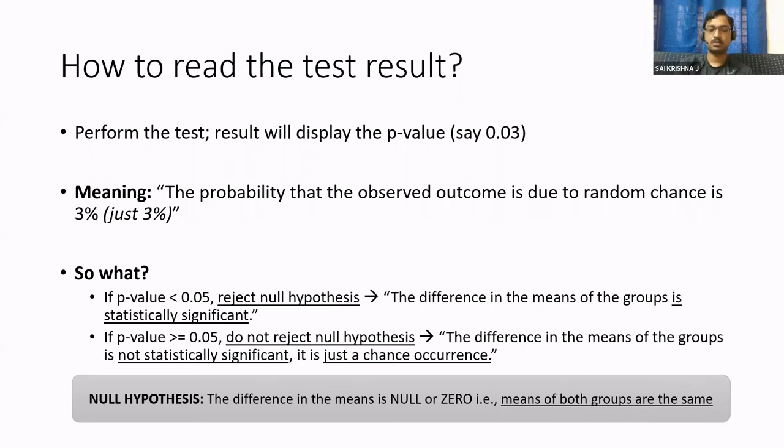So Chaitanya, as an extension to what Swab just mentioned, this forms the basis of how we form that null hypothesis, where we say the difference in the means of the two groups is null or zero. Which is essentially saying that there is no difference, which in turn means that the diet has not been helpful in reducing the weight.